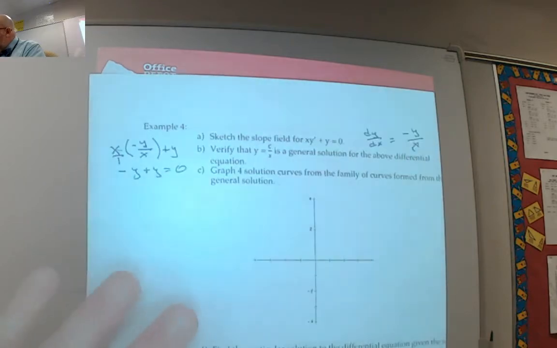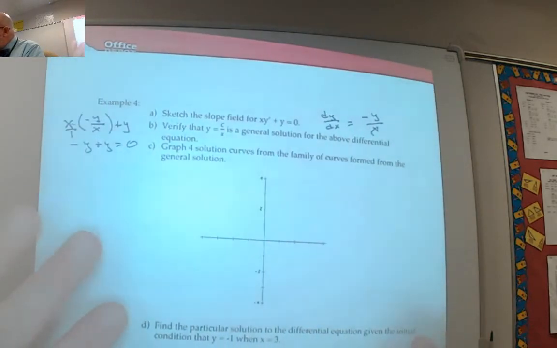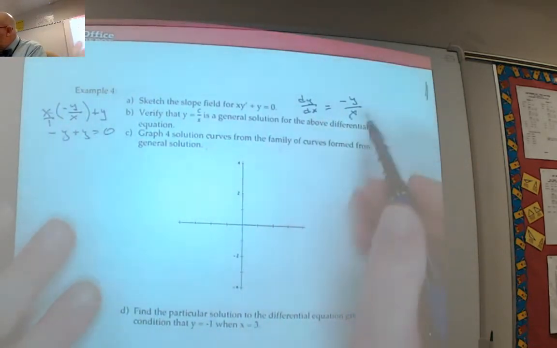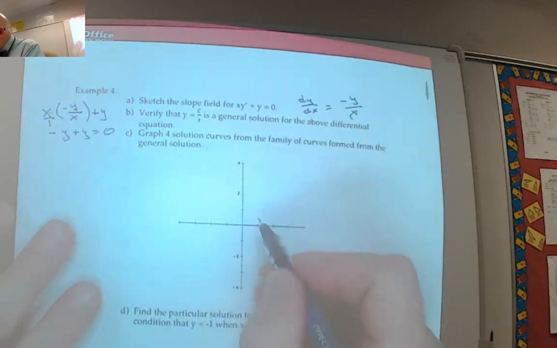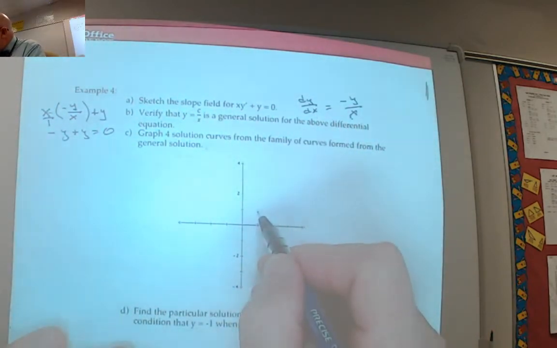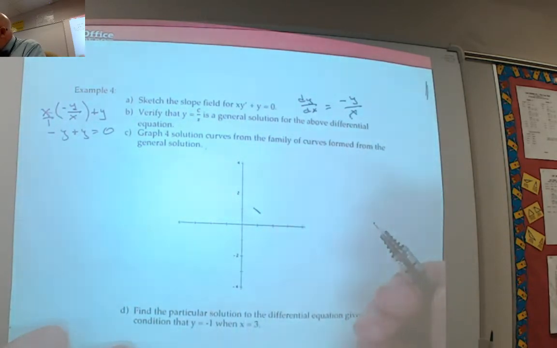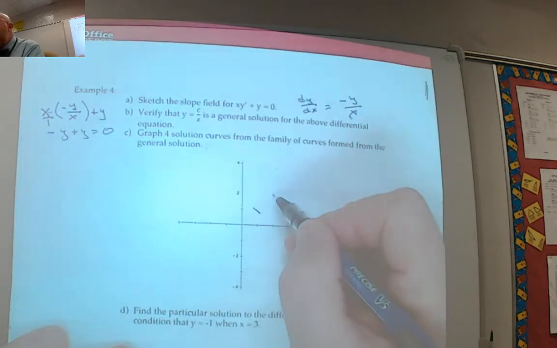All right, I've got to make the slope field yet. So what can you tell me? Well, let's put a point in here. At 1, 1, what kind of slope do I have? Negative 1. What can you tell me about 2, 2?